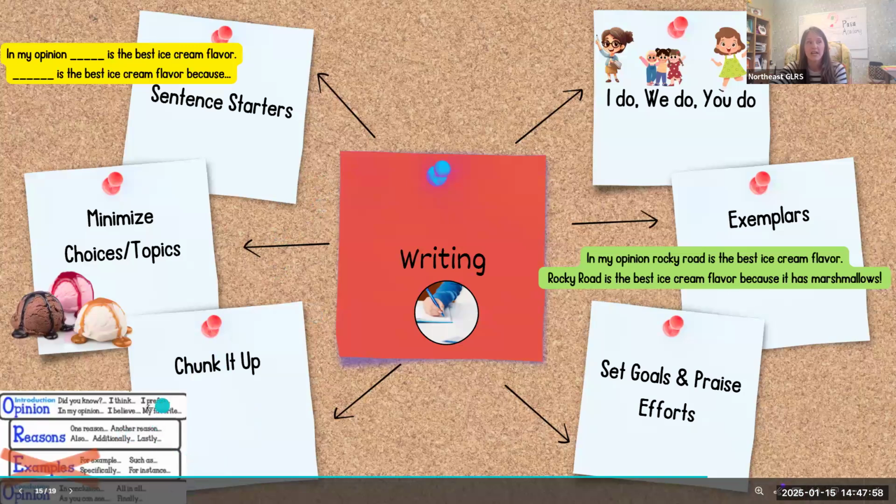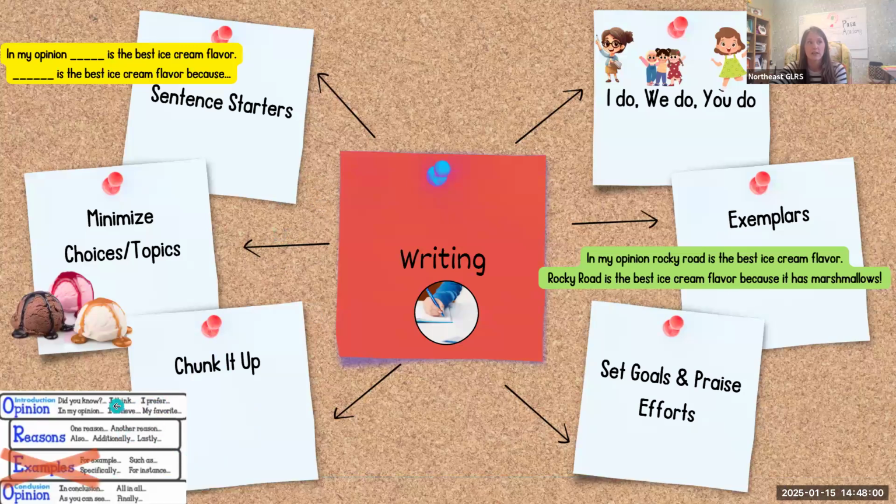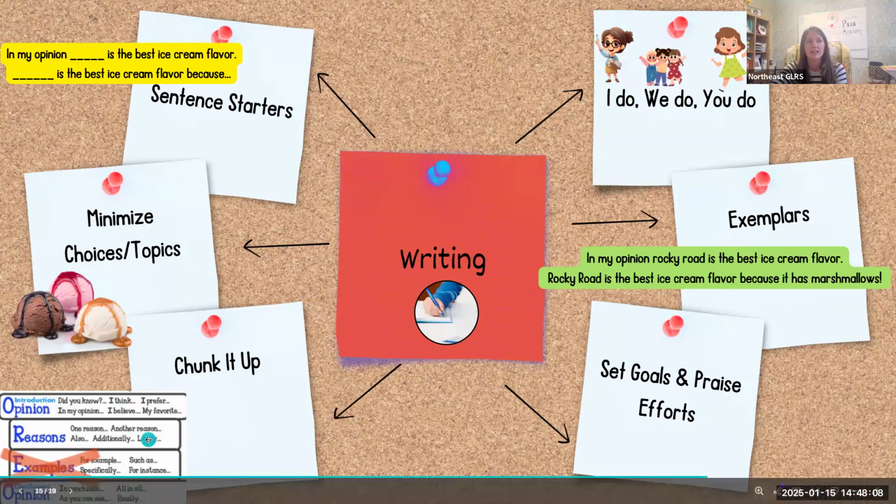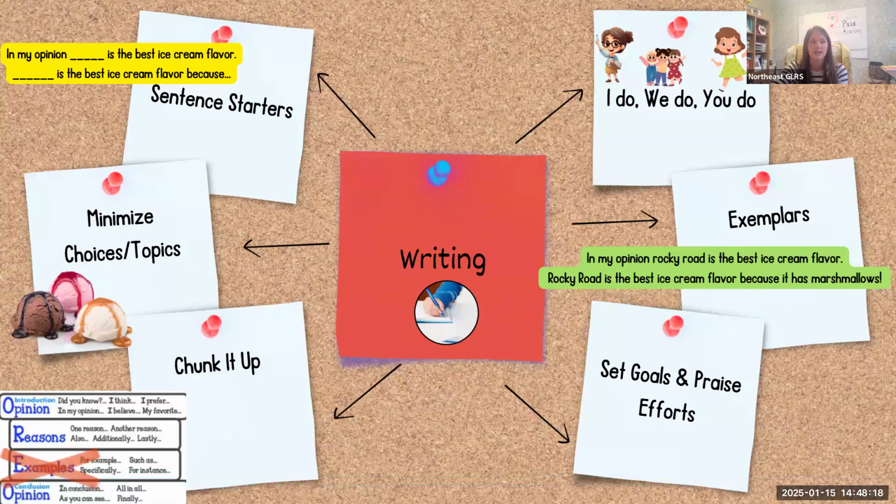Whenever I'm teaching this, I would start out with developing my opinion sentence, which is, "In my opinion, strawberry is the best flavor ice cream." And then I would move on to my reason sentence. "Strawberry is the best flavor ice cream because..." and then I would complete that sentence.